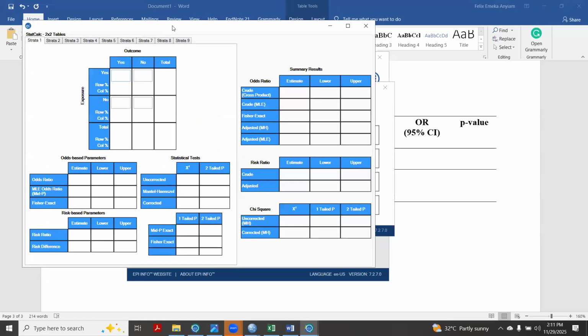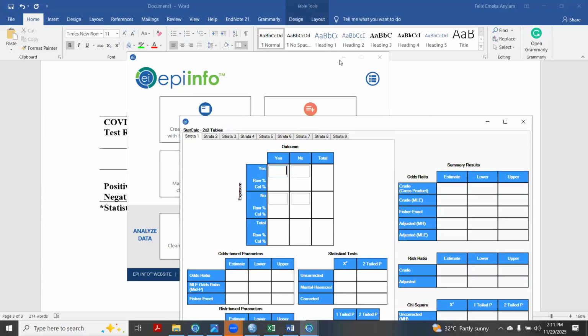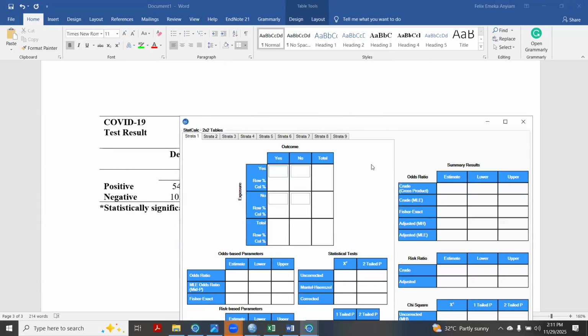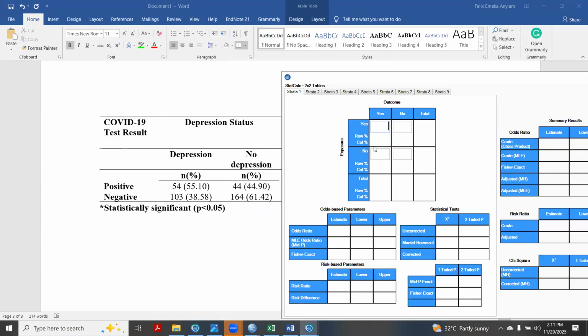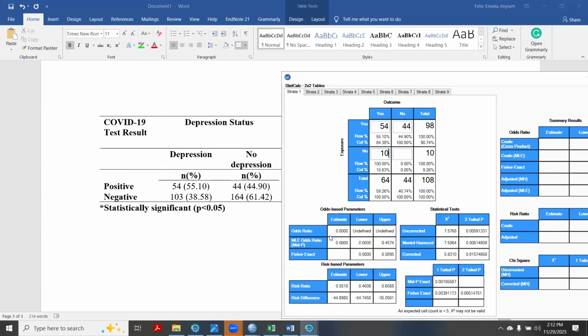So it generates this. It gives you the outcome and the exposure. So you input these values here: 54, 44, 103, and 164. You see it? So it has generated the chi-square. It has generated the p-value.